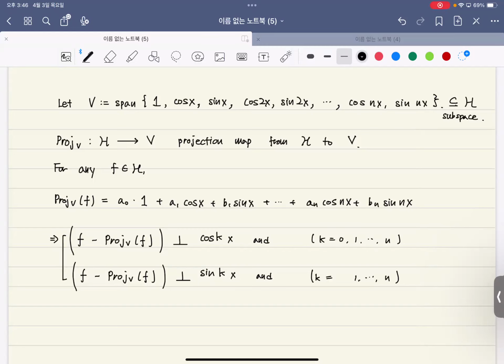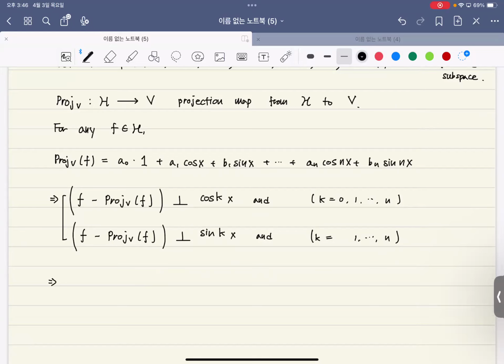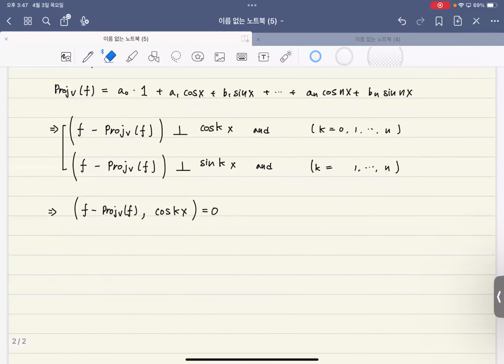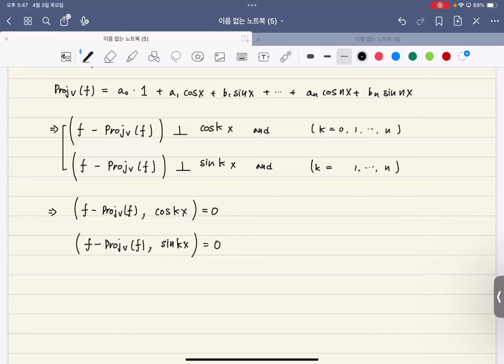So they must be true. This orthogonality condition can be paraphrased using the inner product. f minus the projection, with inner product with cosine kx, must be 0, and this one with sine kx also must be 0.